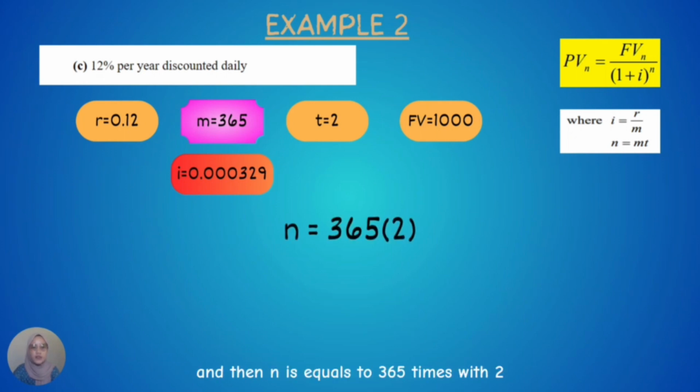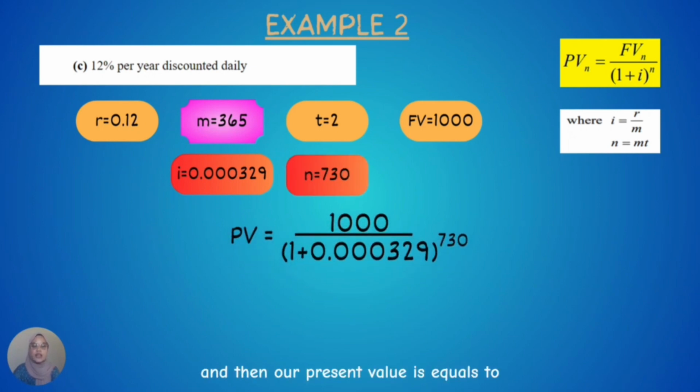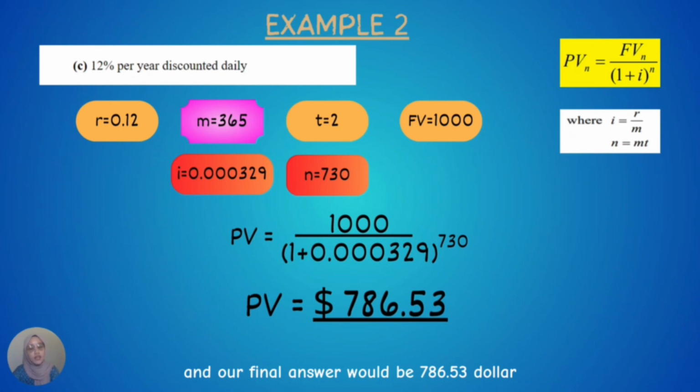Then n equals 365 times 2, so n equals 730. Our present value equals 1000 divided by (1 plus 0.000329) to the power of 730, and our final answer will be $786.53.